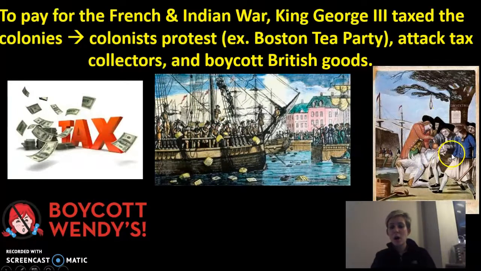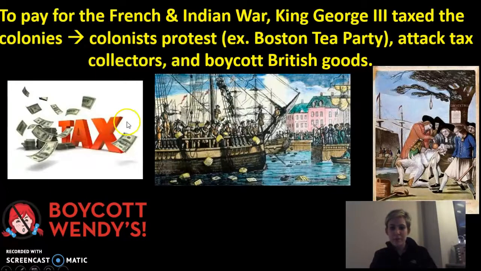And they also would tar and feather tax collectors. So those men who work for the British government who came to say, hey, like, time to pay up, buddies, patriots and people protesting this tax would actually pour hot tar onto these men, which is like burning hot, sticky mud, and then feather them, which is painful and really humiliating.